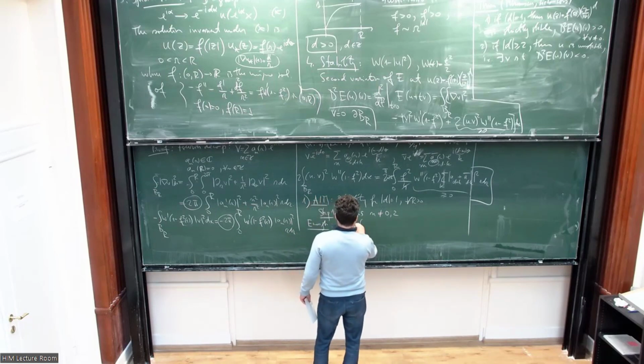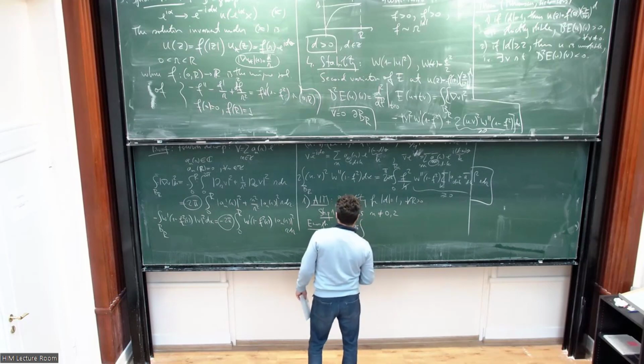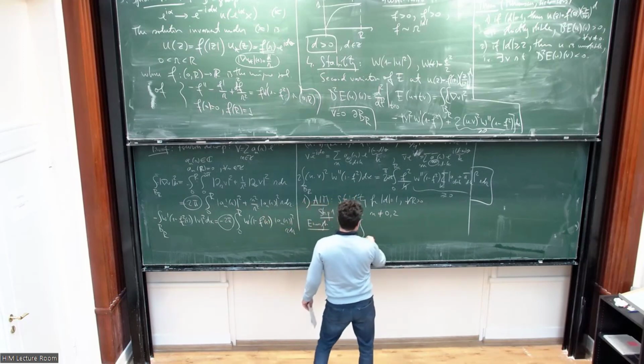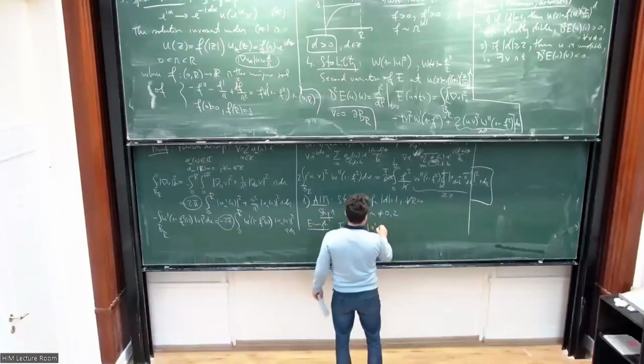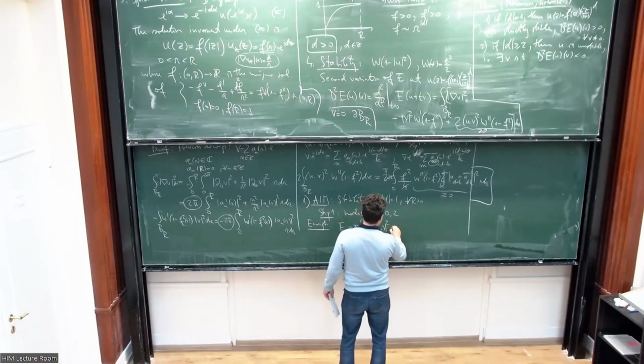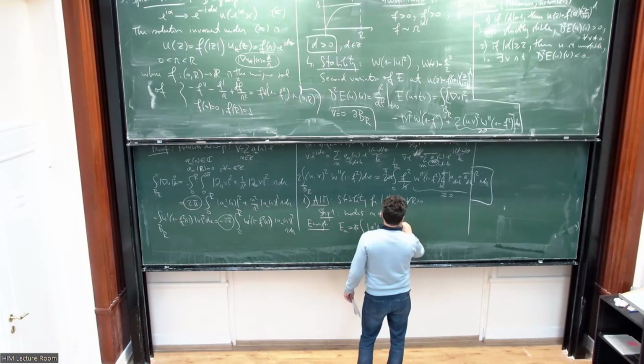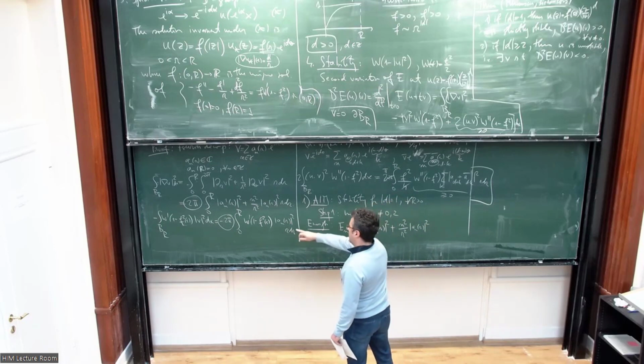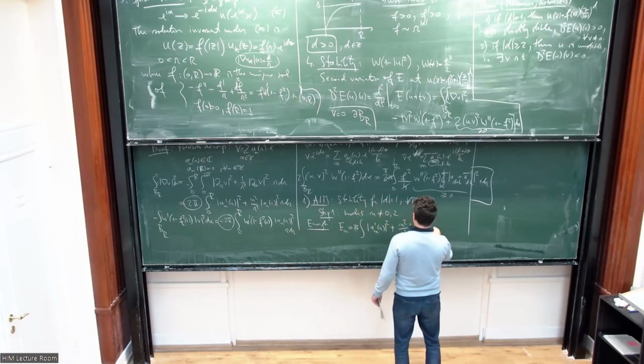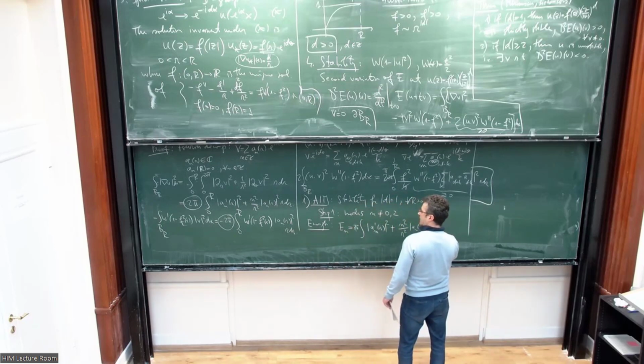Okay, so I have the 2 pi here. And so that's a n prime r squared plus n squared and minus.